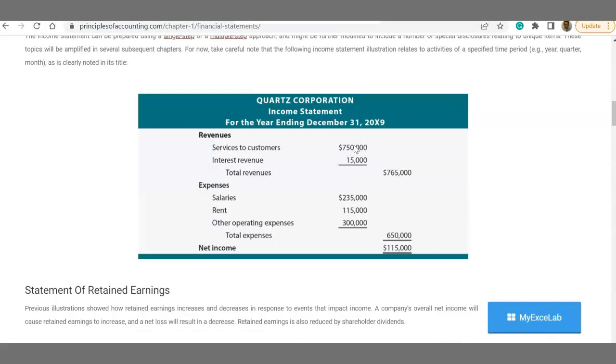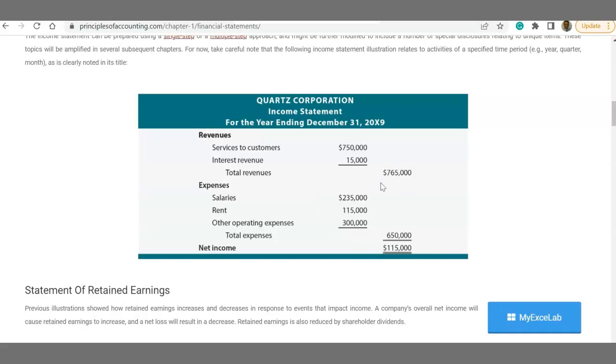Total revenue is 765, minus expenses of 650. You put the expenses on the left side, add them up, put the total on the right side, and then less expenses. So 765 minus 650 expense gives you net income of $115,000, double line, dollar sign.